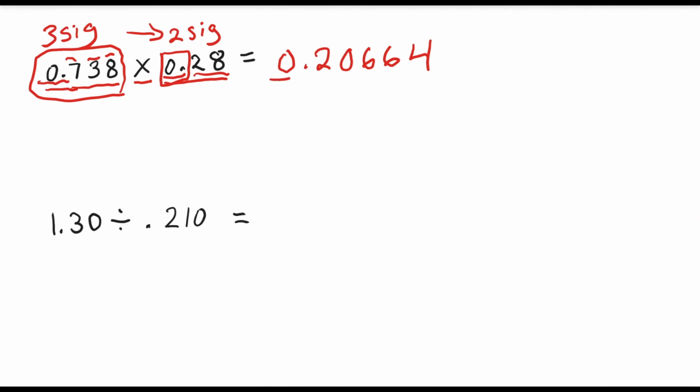Let's do that. Leading zeros, never significant, but we need them because they are placeholders. So the 2 is 1 significant figure. A 0 in between non-zero digits is always significant. So we have our 2 significant figures there. All we have to do now is round.